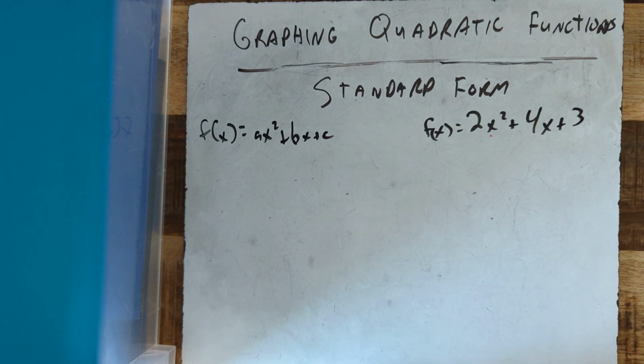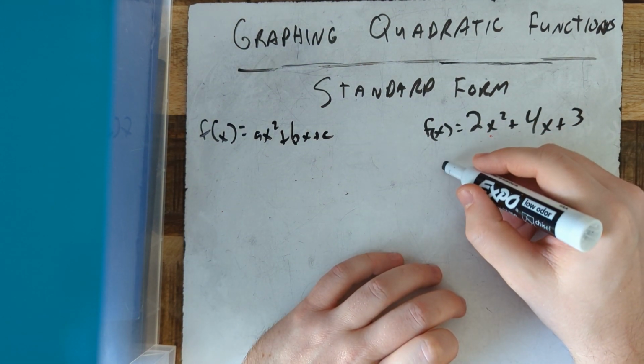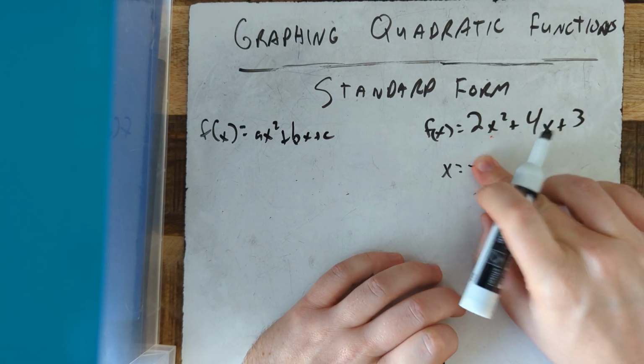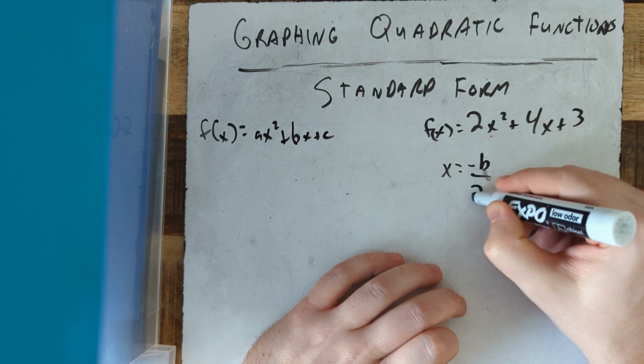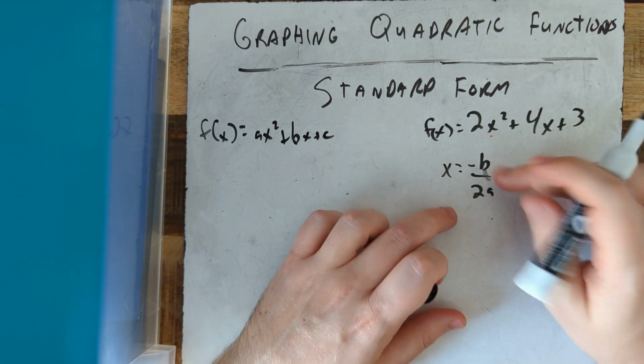So the first thing we have to do when we graph this is find our vertex. And in order to find that, we need to use our formula, which is x equals negative b over 2a.